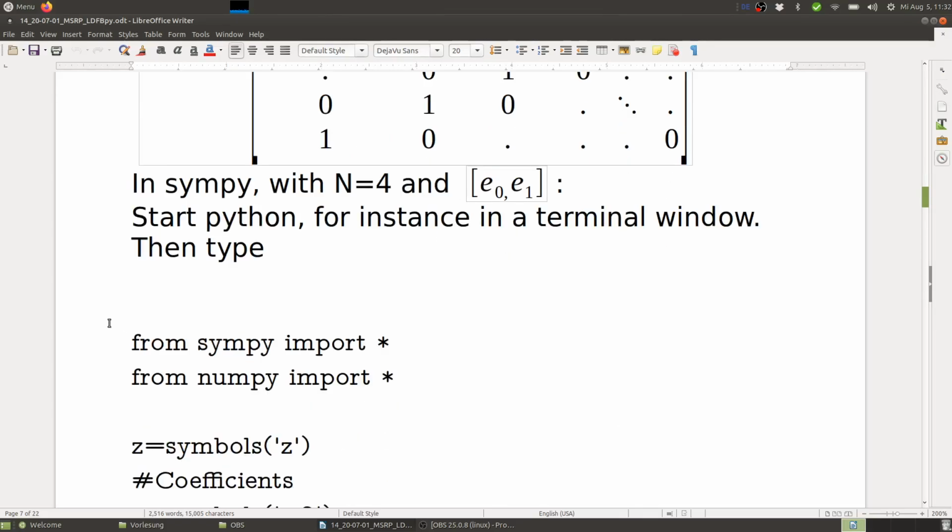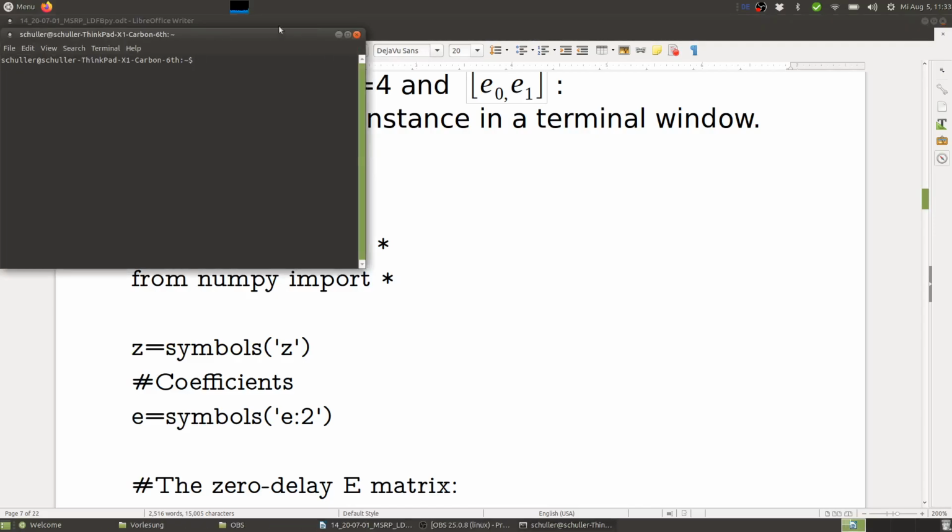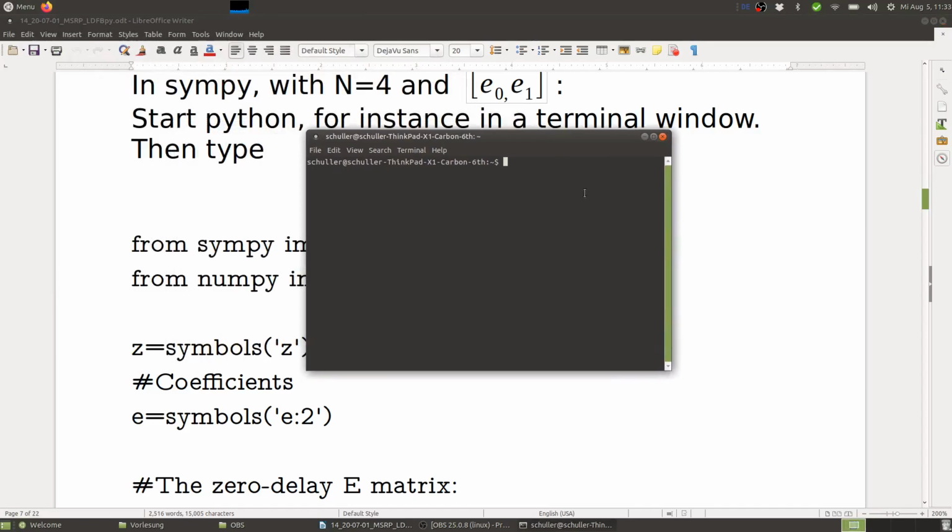So in SymPy we can test it. So we just choose n equals 4, and that gives us two coefficients, E0 and E1. And we start Python, for instance, in a terminal window, which I do now. So here comes my terminal. Make it a little larger.